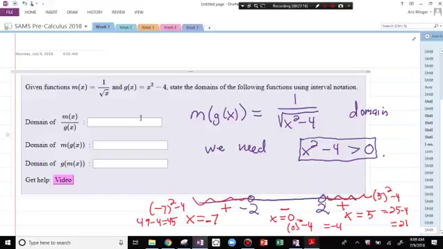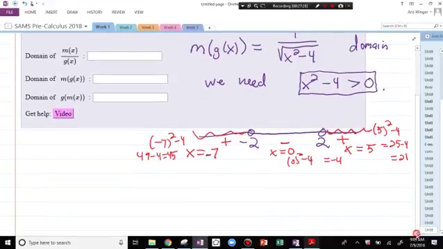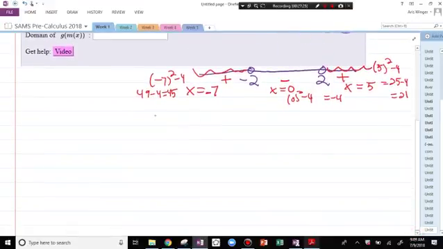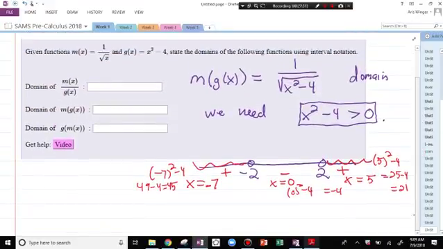Okay, g of m of x. Going to take m, plug that into g. That's going to be m squared minus 4.